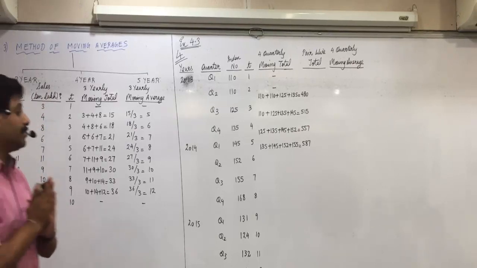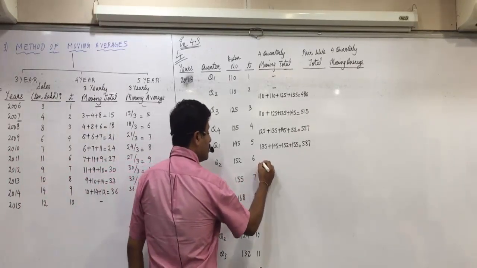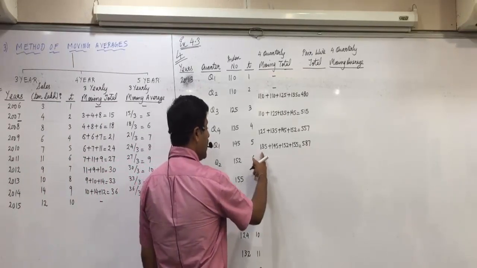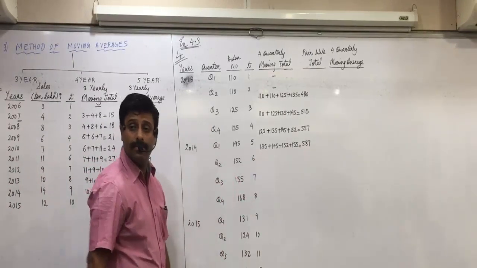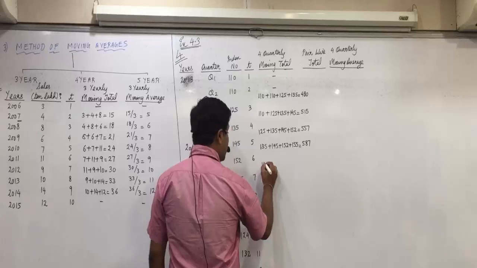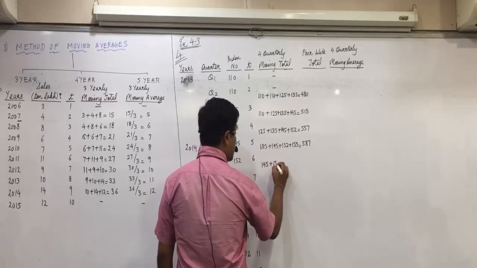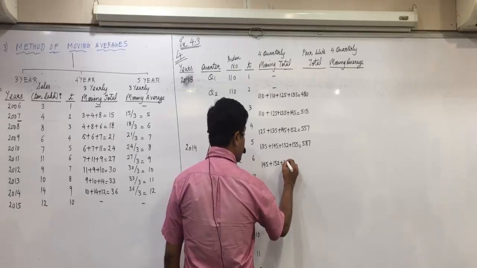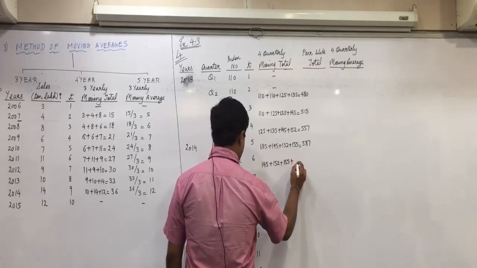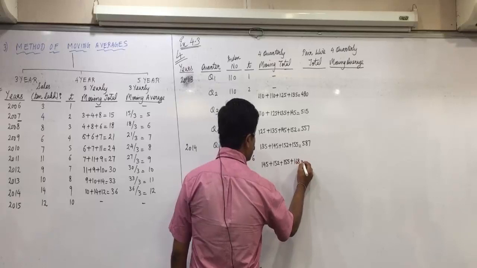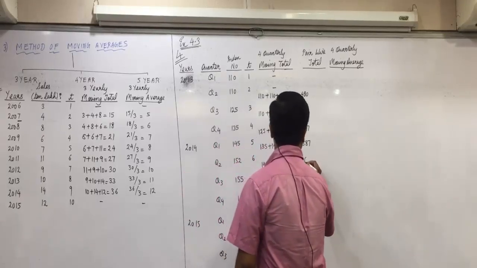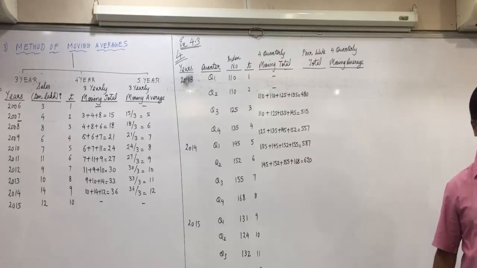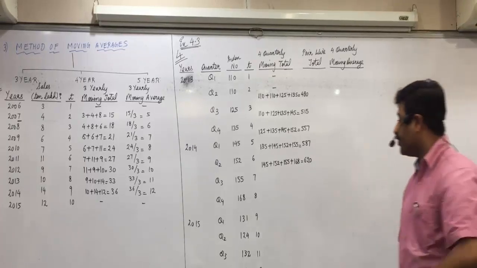Then Vrunda. 135 onwards we have already taken. 145 plus 152 plus 155 plus 168. 620. Is everyone clear with it?